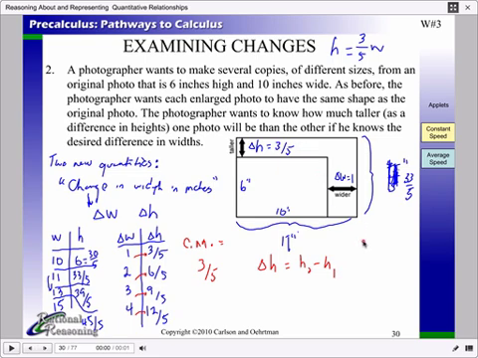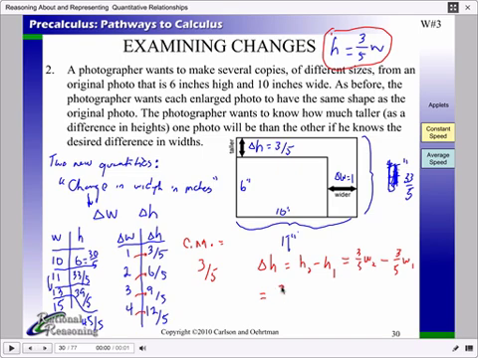All right, well, what is H2? Looking at this, what is H2? It's just 3/5 times W2. And what's H1? 3/5 times W1.